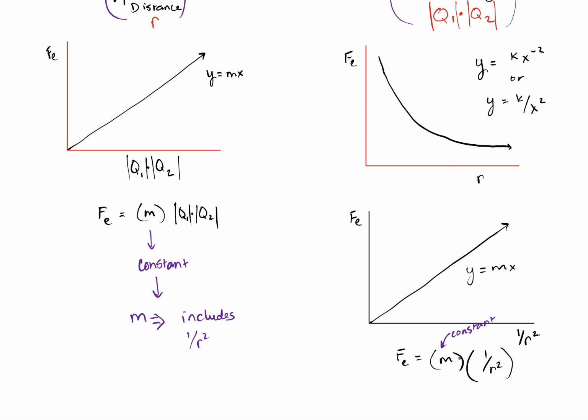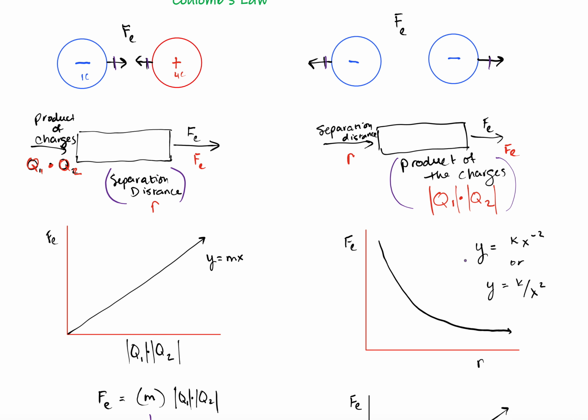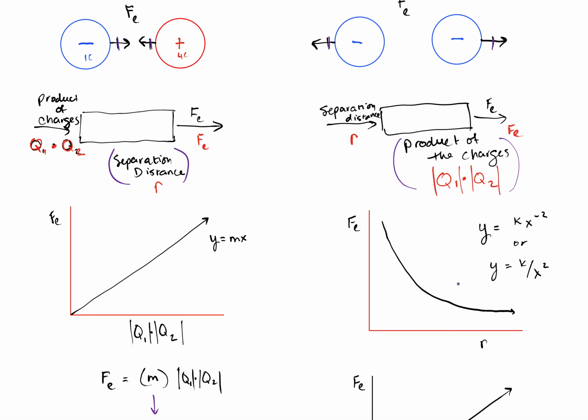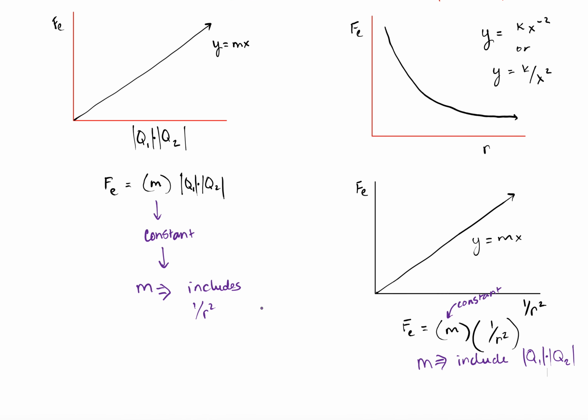In this experiment, we know that the slope must include the product of the two charges, q1 times q2. Okay, this will always be true for any quantitative experiment that you do. Now it's not the only thing that's in the slope, it just includes that.